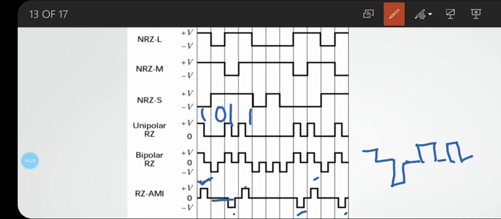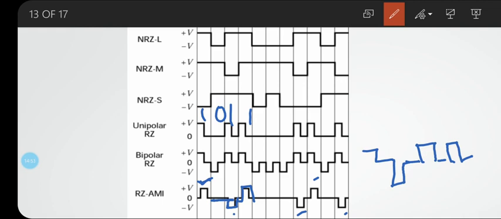So for 1 we have the pulse here, and for 0 we have the absence of the pulse. Now this is at the positive plus V, and for the next one it is going to be at the minus V, and again for the next one at plus V volts. That is why it is named alternate mark inversion, which is used in telephone systems.